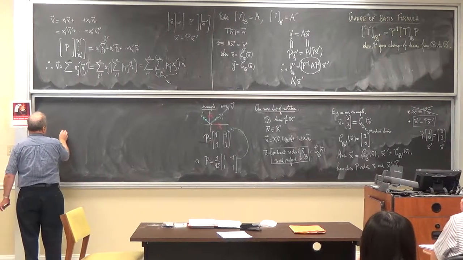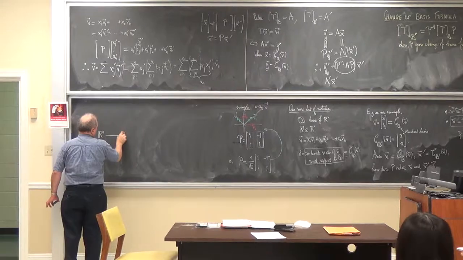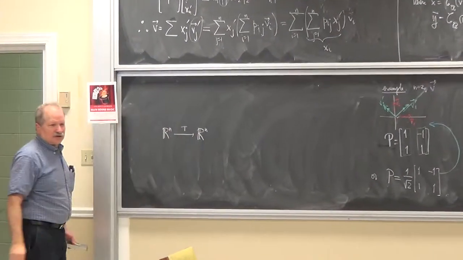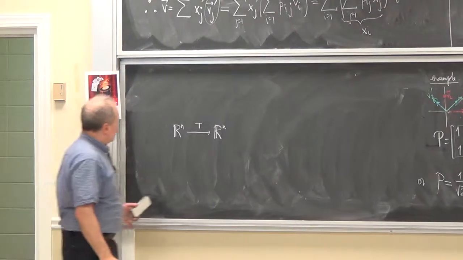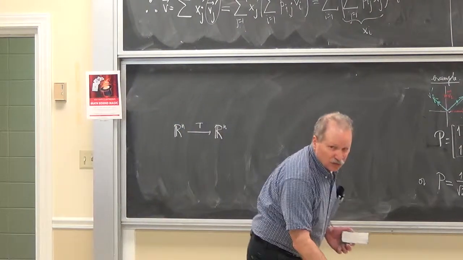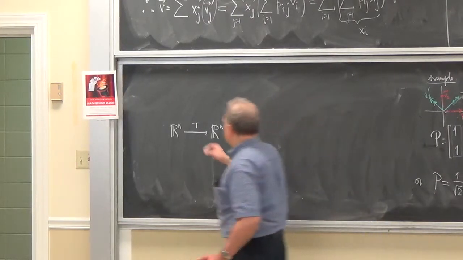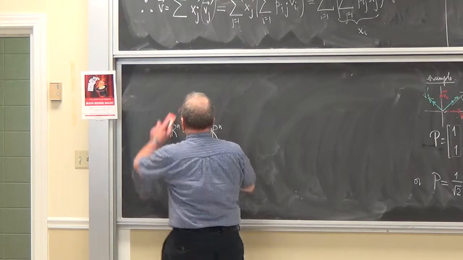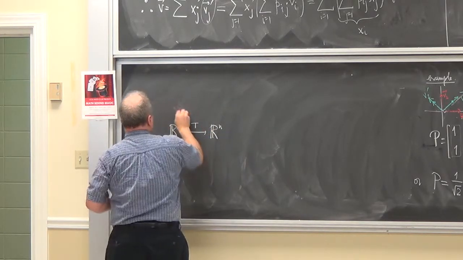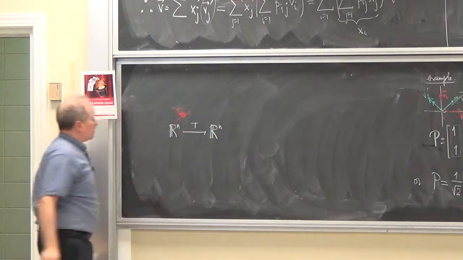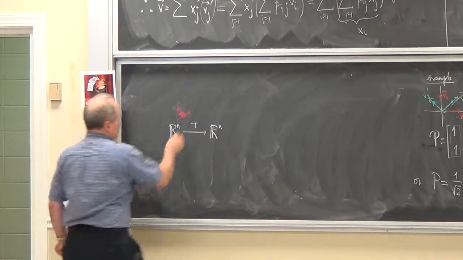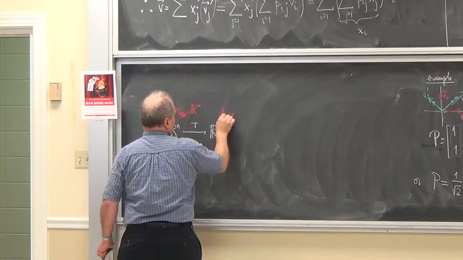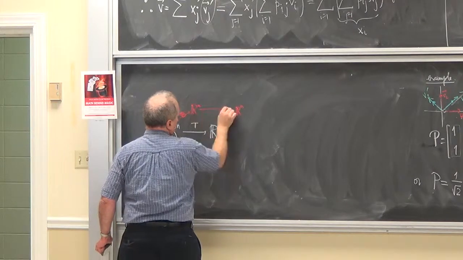You've got T mapping Rn to Rn. But you've got one coordinate system, the basis B, and in the B coordinates, you're taking vectors and giving them their x coordinates. And then this matrix is what?